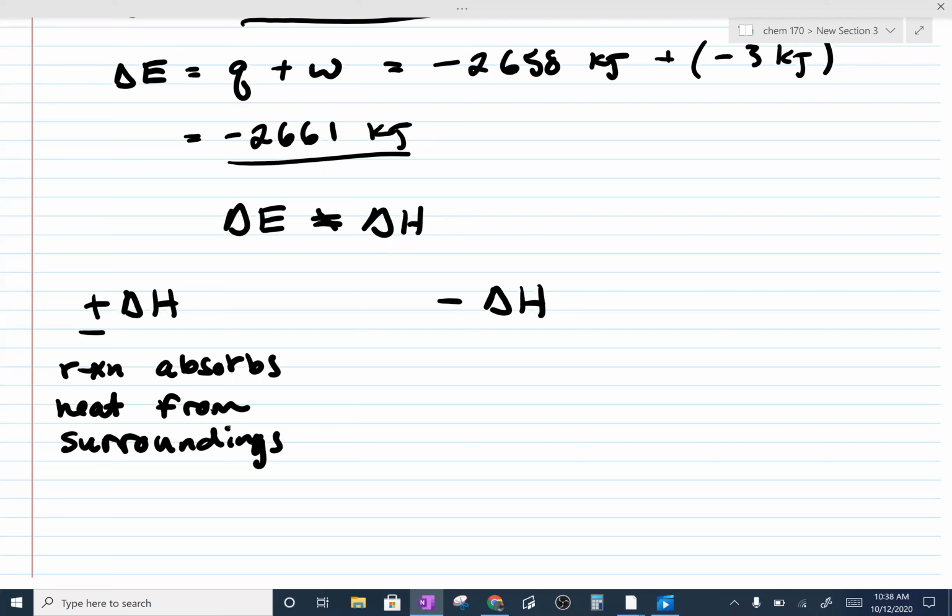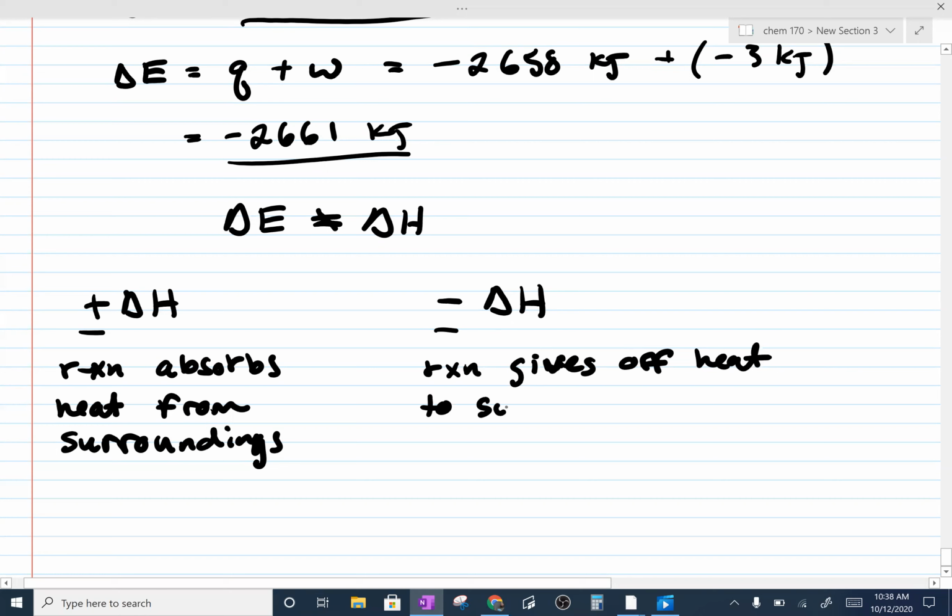Okay. In the case where we have a negative delta H, this means that the reaction is giving off heat to the surroundings. It's losing heat energy and pumping it out into the surroundings.